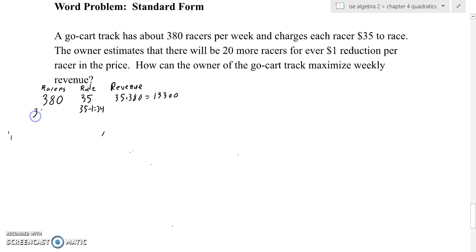So 380 plus 20 is 400. 400 times 34 is 13,600. So he makes $300 more, reducing it by $1.